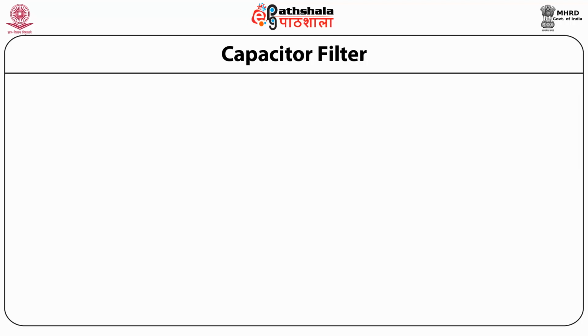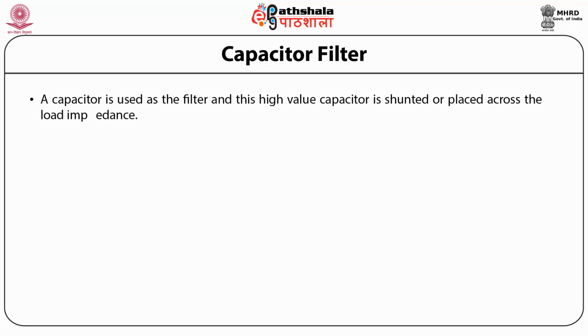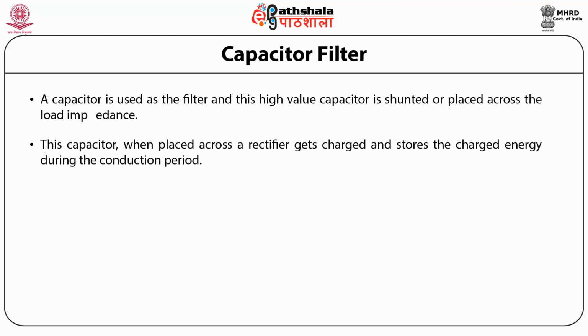Now let us discuss the capacitor filter. A capacitor is used as the filter, and this high value capacitor is shunted or placed across the load impedance. This capacitor, when placed across a rectifier, gets charged and stores the charged energy during the conduction period.